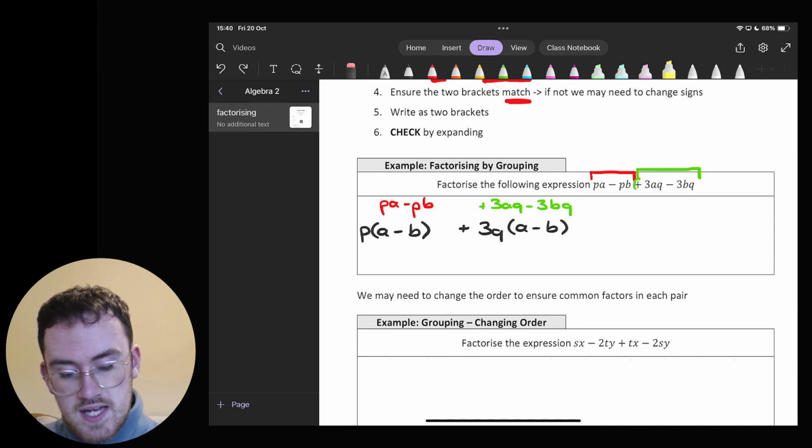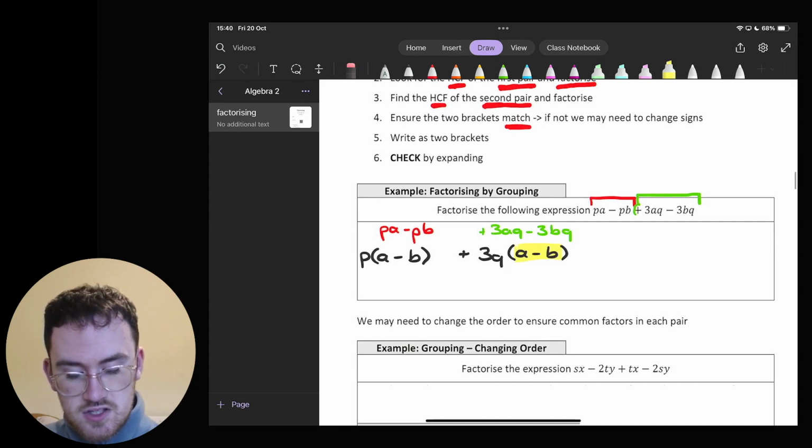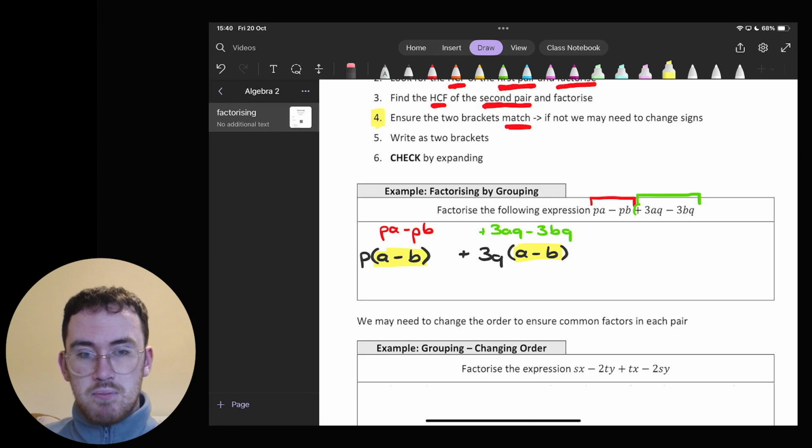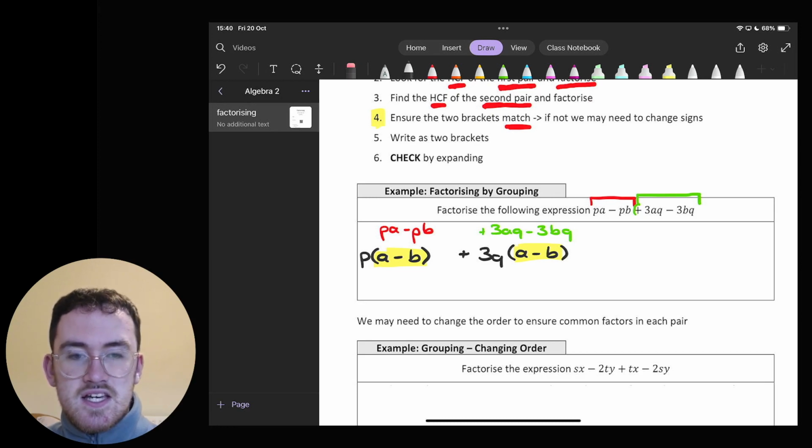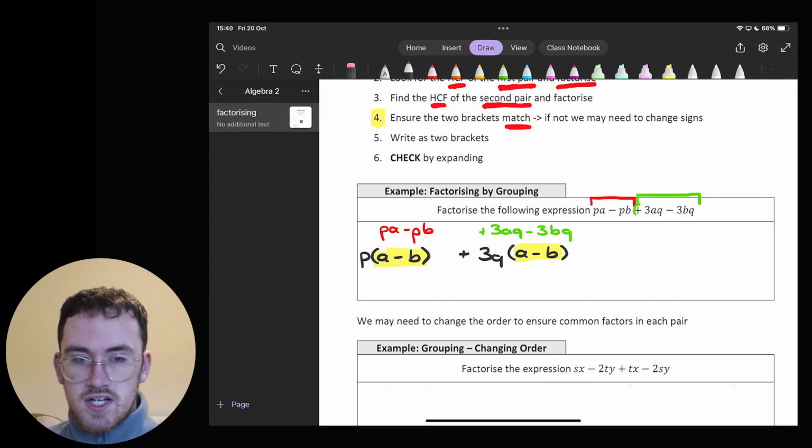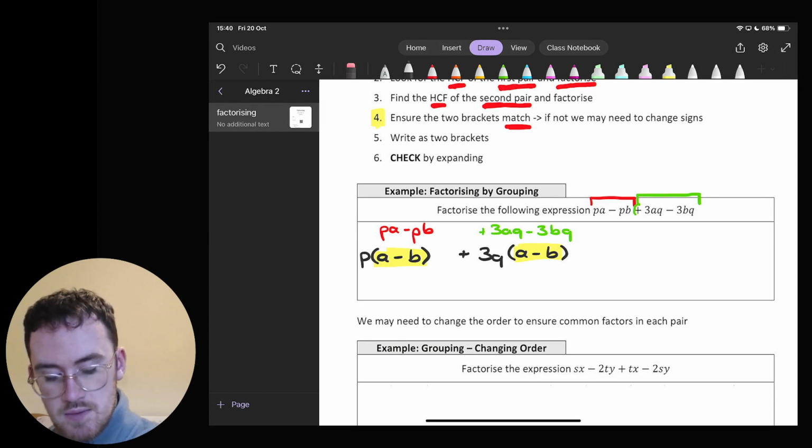And our fourth step said to check the two brackets match. We can see here that they do. We have a minus b in both cases. Now what we could think about with this is the a minus b being itself a common factor now, so we could take that out from both cases. The general thing we're doing is bringing these two parts together into one bracket.